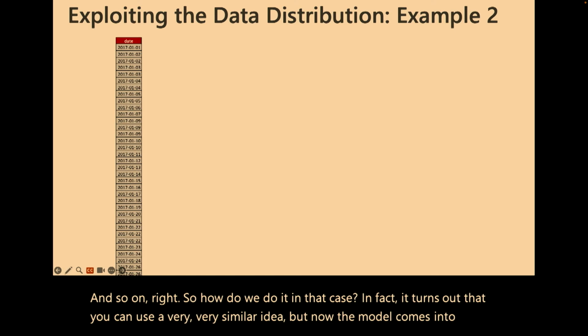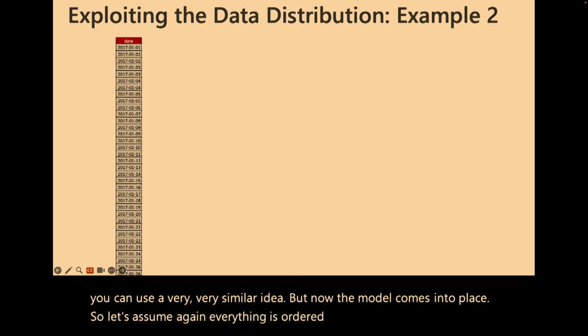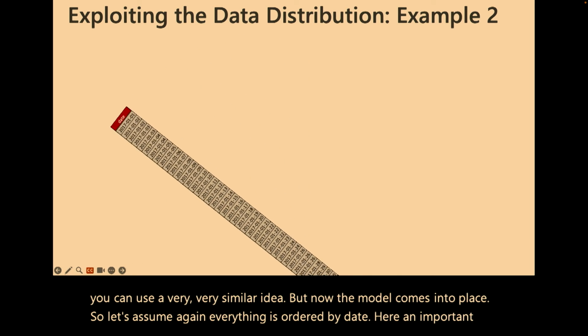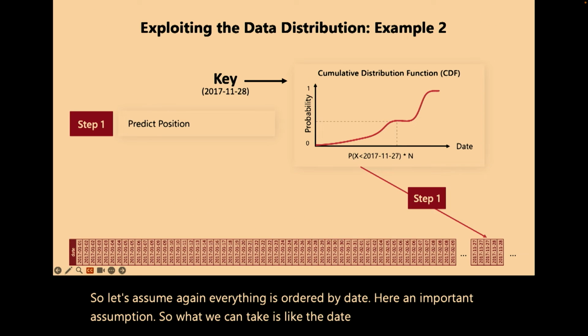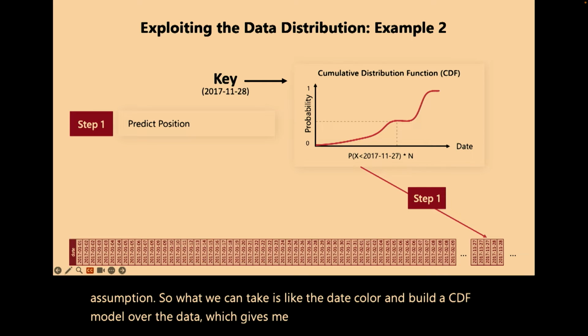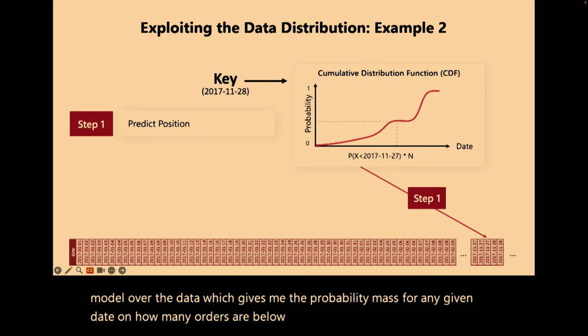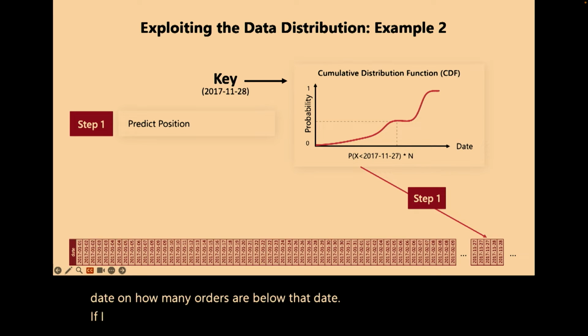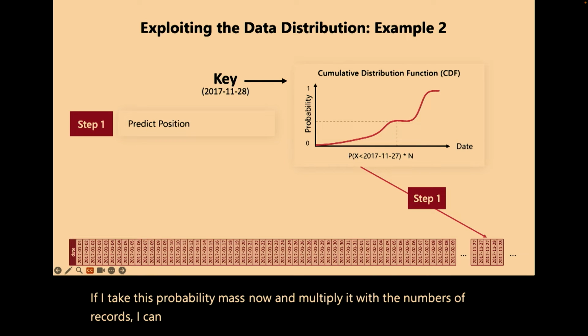So let's assume, again, everything is ordered by date here, an important assumption. What we can take is the date column and build a CDF model over the data, which gives me the probability mass for any given date of how many orders are below that date. If I take this probability mass now and multiply it with the number of records I have, I can again do an offset calculation.